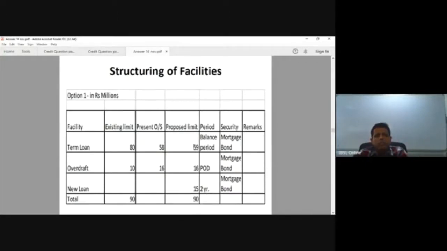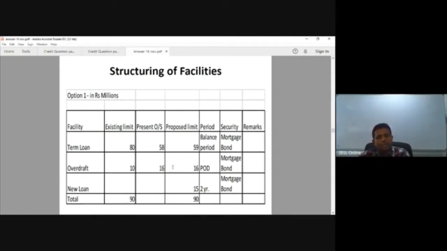If we propose a 59 million term loan, which is in line with the current outstanding, and 16 million overdraft, which is also in line with the current outstanding, and 15 million for new facilities, then we are within the 90 million mark, which we can accommodate.